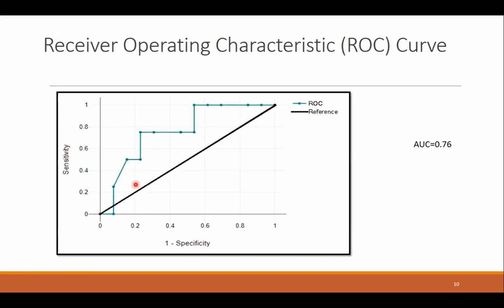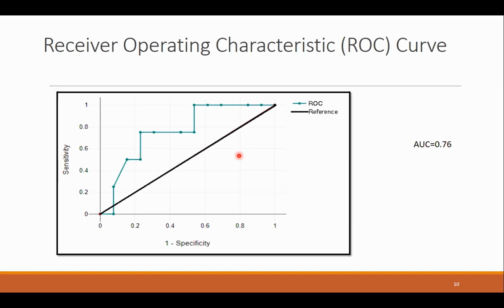For illustrating the estimation performance of the BN model, we use a receiver operating characteristic curve. You know that the area under the curve, this area, is our index. If it is between 70 to 80%, it's acceptable.